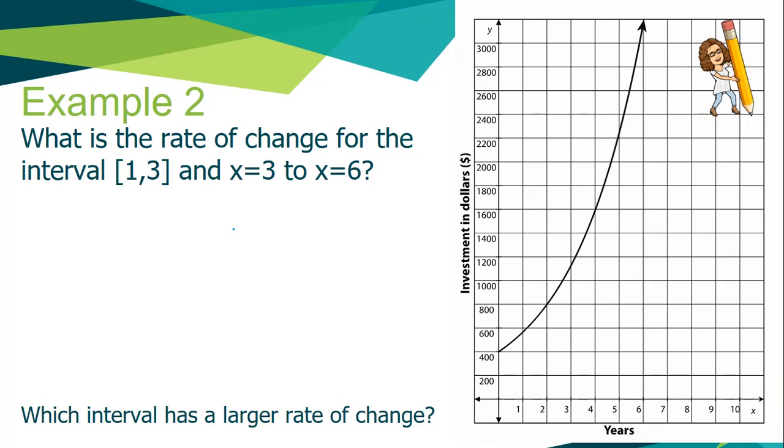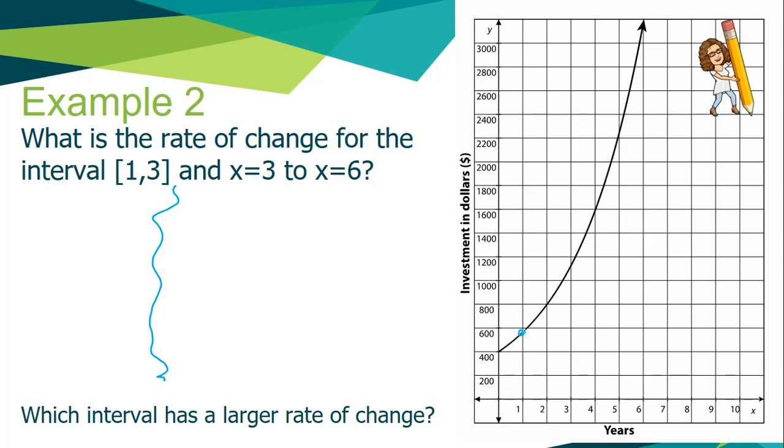So they give me a graph here and they tell me, what's the rate of change for the interval 1 to 3, and what's the rate of change for the interval x equals 3 to x equals 6. So they're asking me about two intervals here. So 1 to 3. 1 comma, okay, 1.